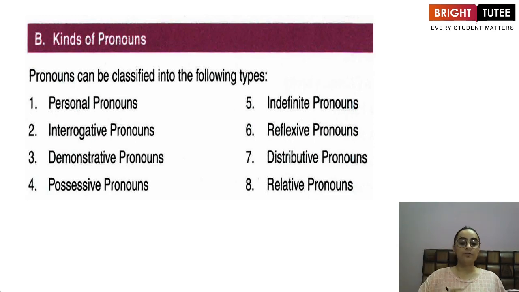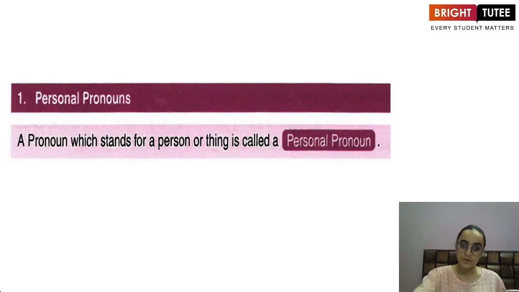So these are the different types of pronouns, and we are going to learn about each one of them. First, let us talk about a personal pronoun. Now, personal pronouns are those pronouns which we use in place of a person or in place of a thing.